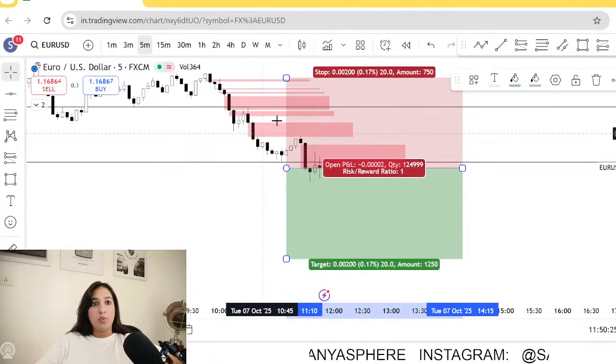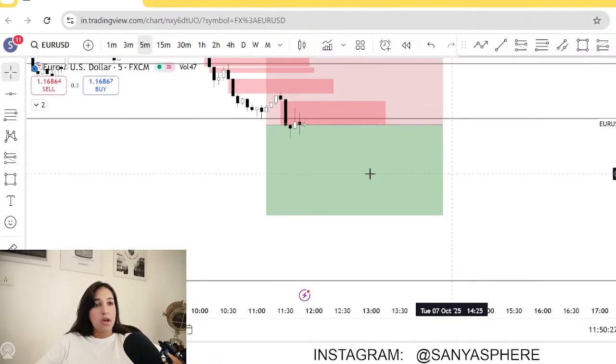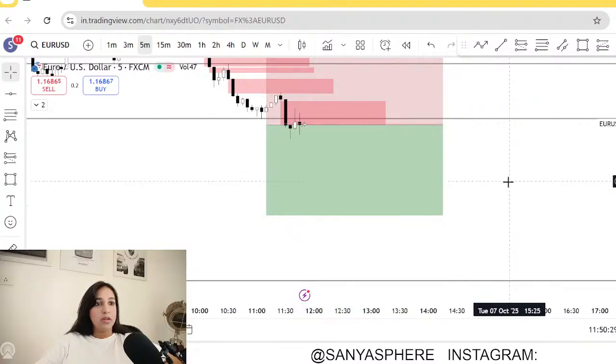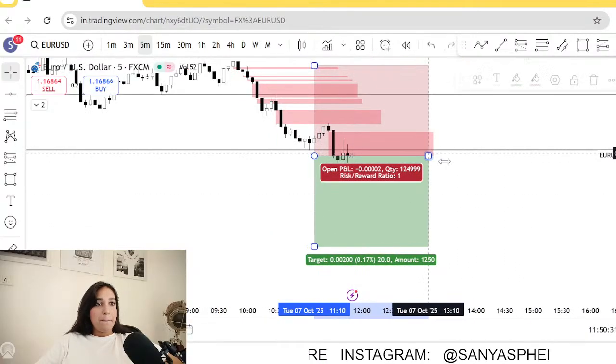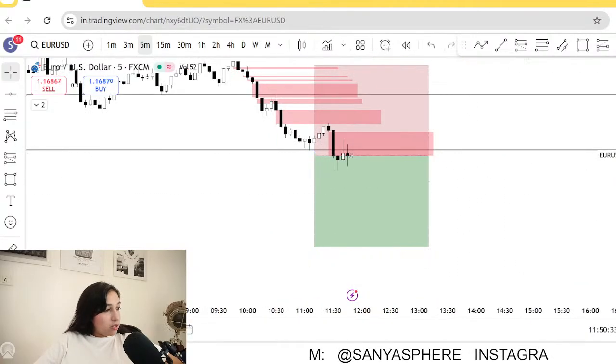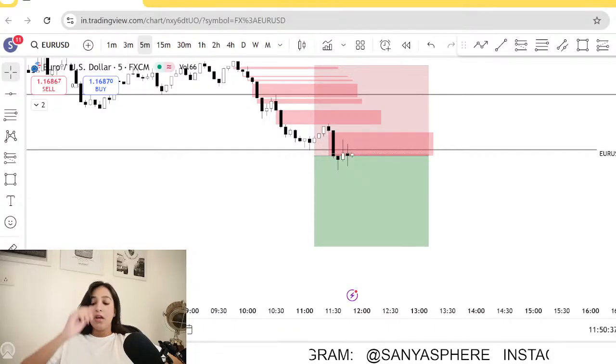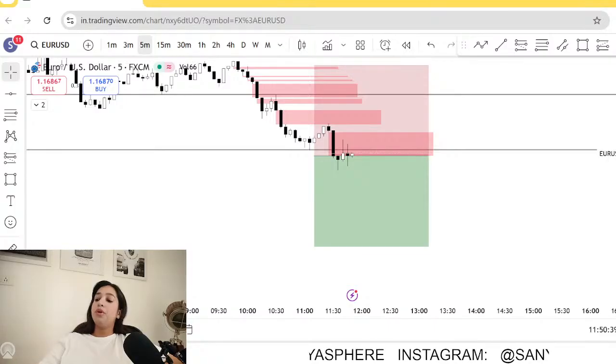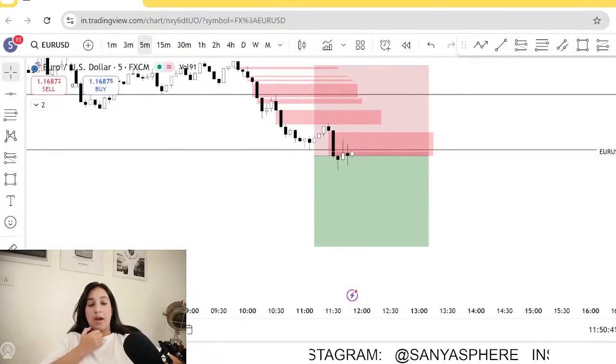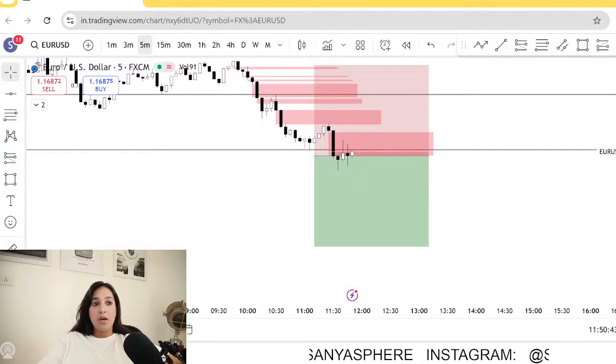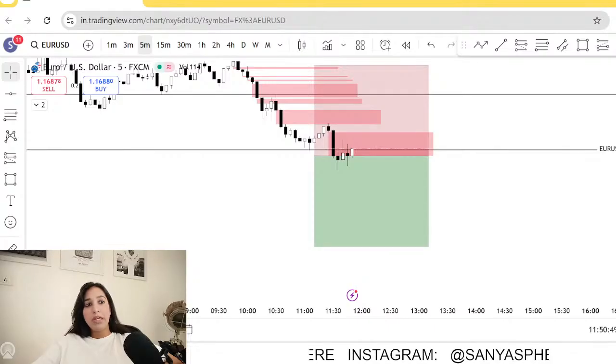The stop loss would be 20 pips up above this range, and 20 pips down would be the TP. 1:1. So most of the people do ask me why I take 1:1 trades. That's purely because I feel that my probability of the setup winning is higher. That's all. Either you should have the winning probability, or you should have the risk to reward.